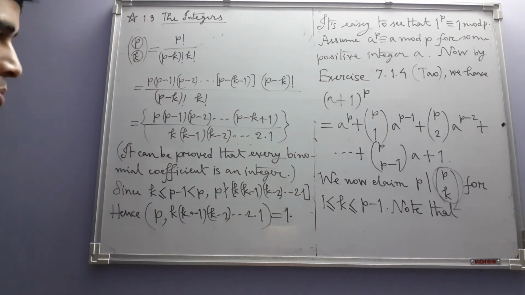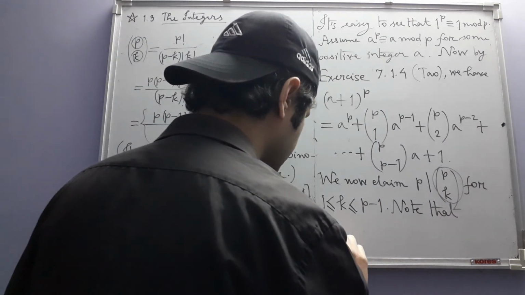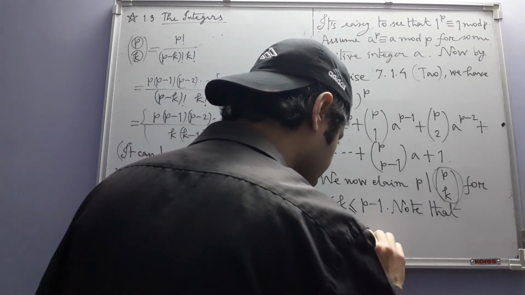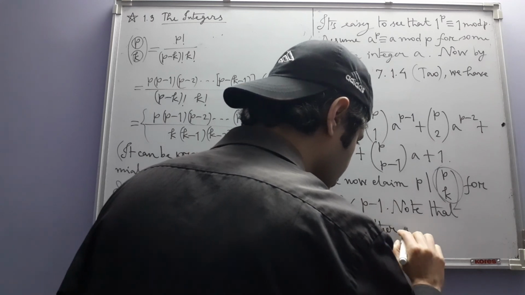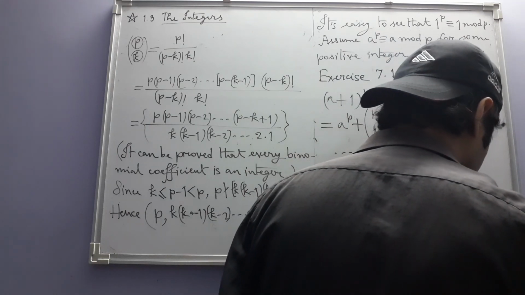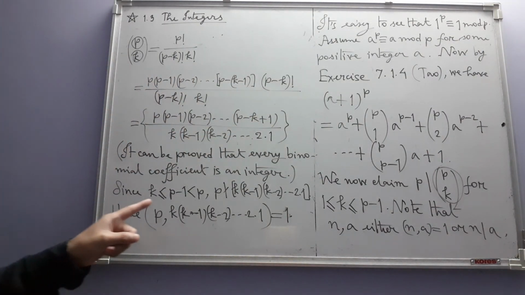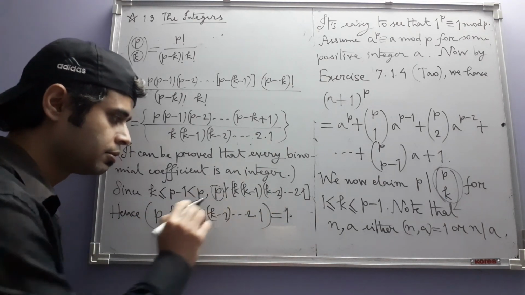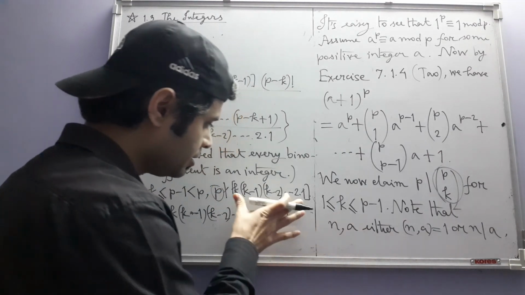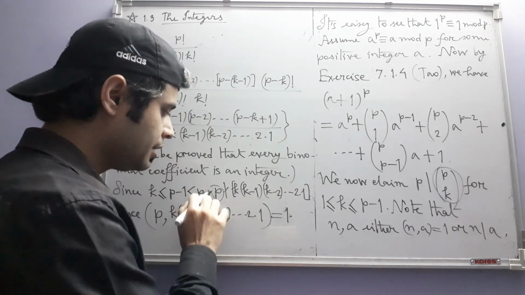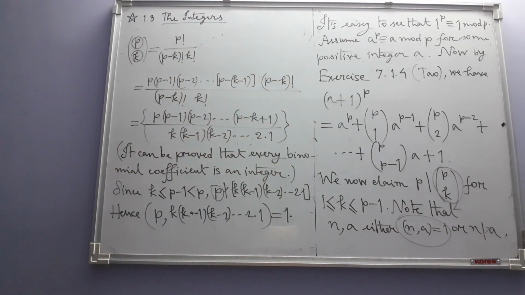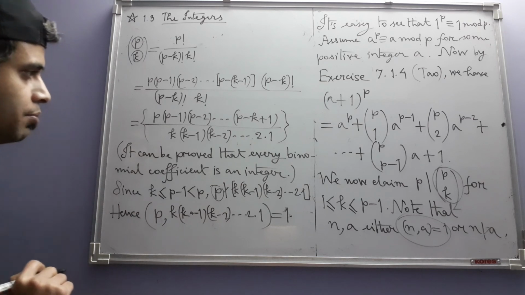Just now we have proved in one exercise that if n is a prime number, then for any integer a, we have either n and a relatively prime or n dividing a. Now for us, in place of n you think of p. For us p is a prime number, we already know that. And in place of a you think of this k factorial. Now p does not divide k factorial. So that means this must be true. P and k factorial are relatively prime. So these two are relatively prime. Okay.